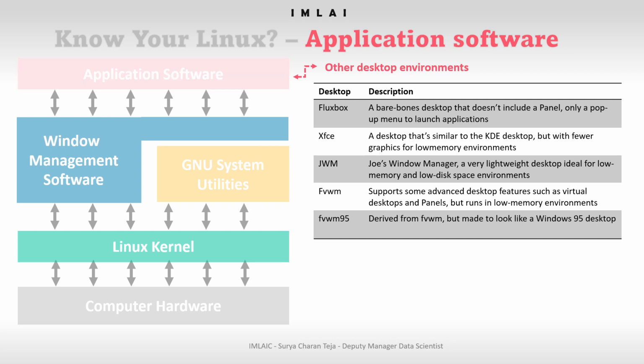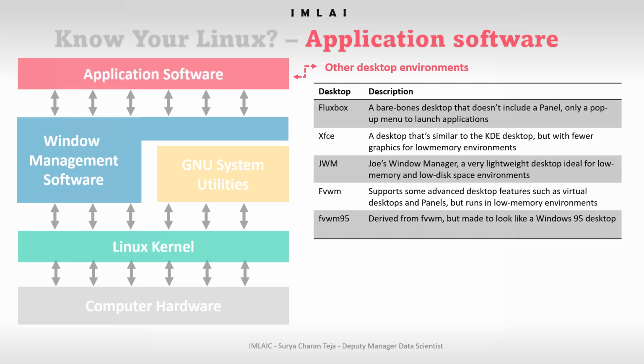This is the complete detail about the Linux kernel. We have discussed the Linux kernel, then we moved on to the GNU utilities, then the window management software, then application software.